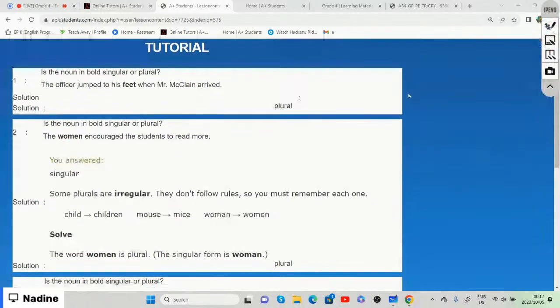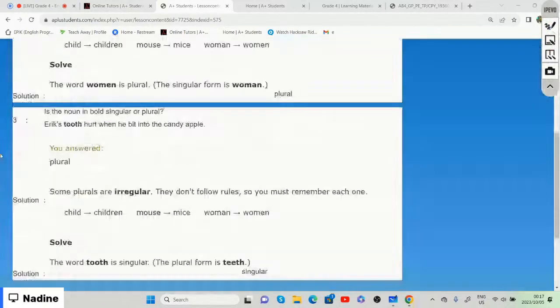All right, tooth. Eric's tooth hurt when he bit into the candy apple. So tooth, is tooth singular?